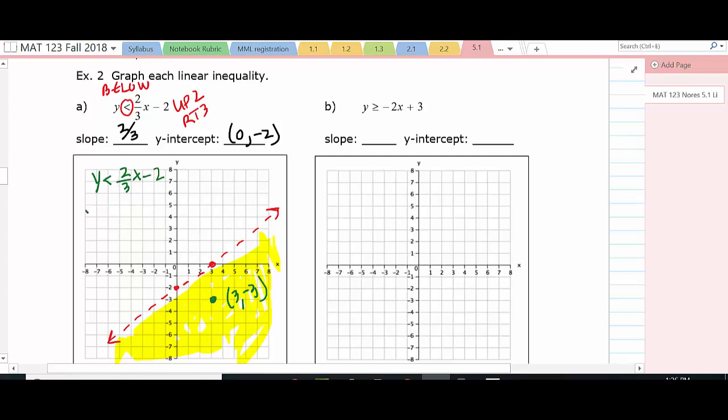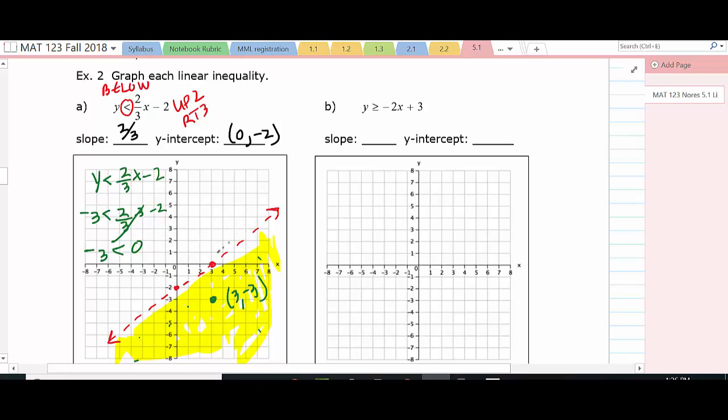If you plug in -3 for y, you would have 2/3 times 3 minus 2, and what you'd end up getting is -3 less than 0. So the point is, every point here works. How about all the other stuff? They don't work. I'm just highlighting and showing where everything works.